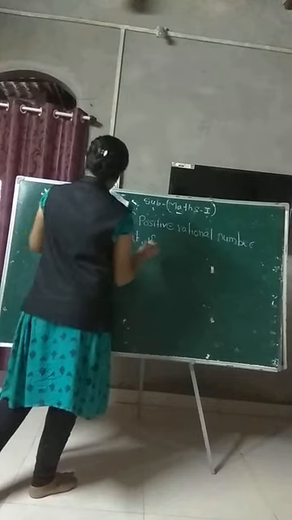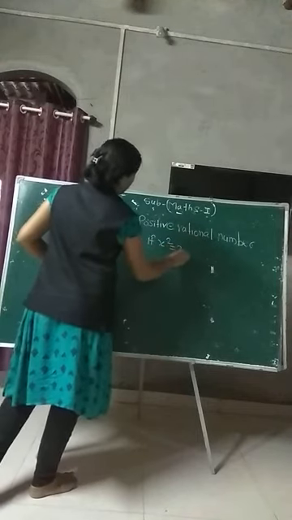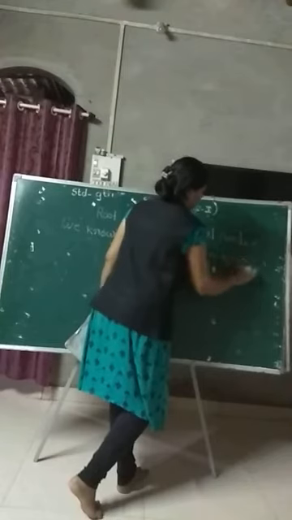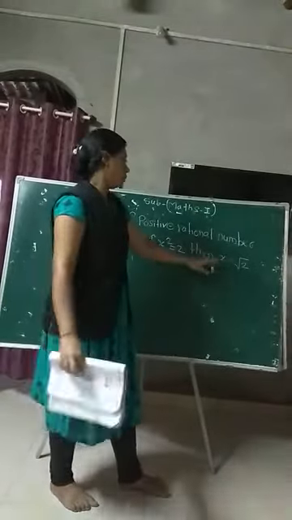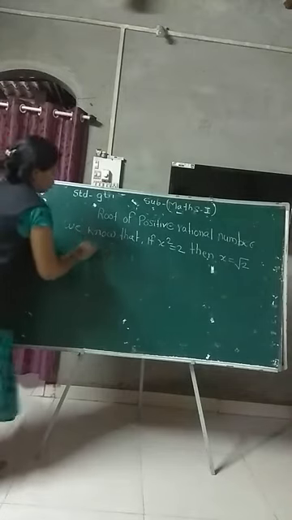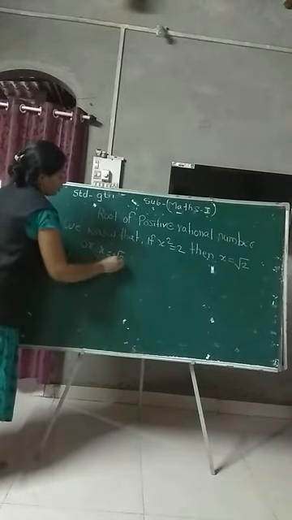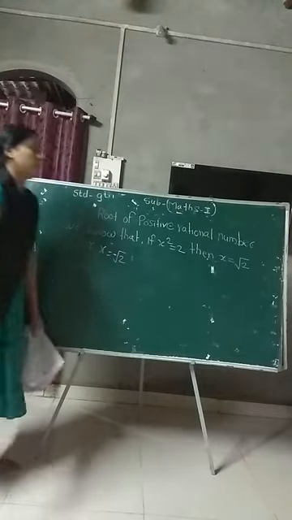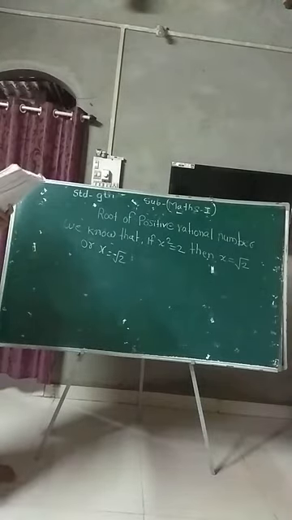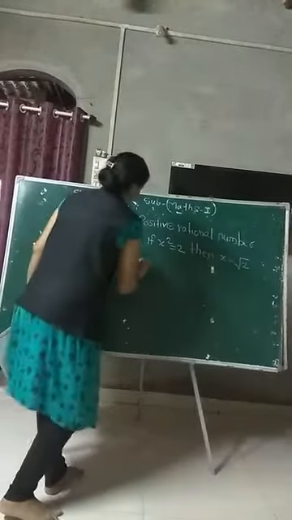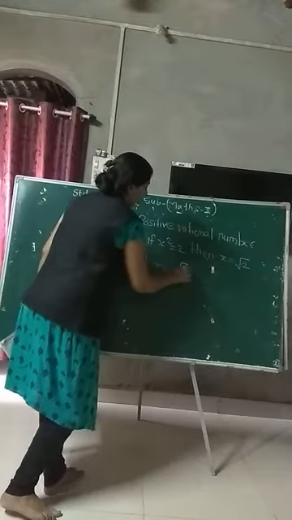If x square is equal to 2, then x is equal to root 2. Here we are taking the square root of both sides. Or x is equal to plus root 2 or minus root 2, where root 2 and minus root 2 are irrational numbers.